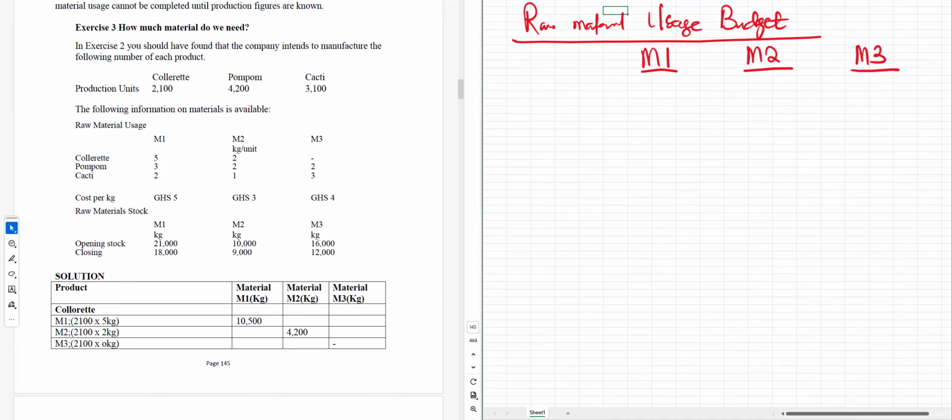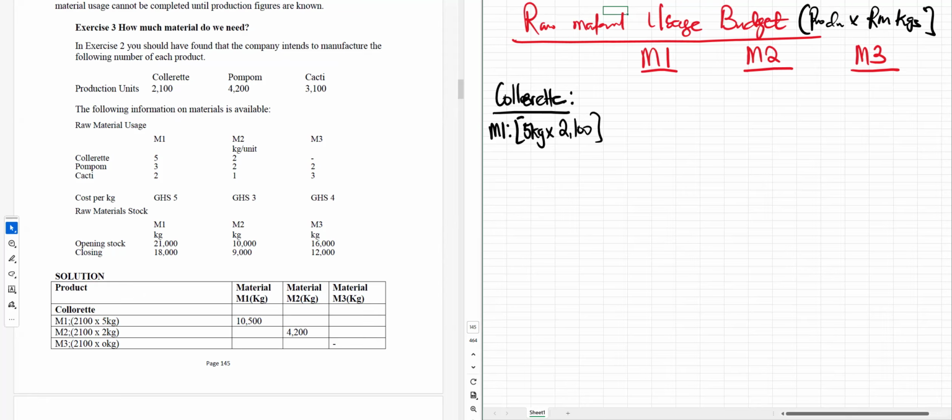So I will first start with Colorate. For Colorate, for raw material 1, what was I using? M1 is 5 kg, right? But how many units of Colorate am I producing? 2,100. Remember I told you, for raw material, it's always your production units by the raw material kgs or units.